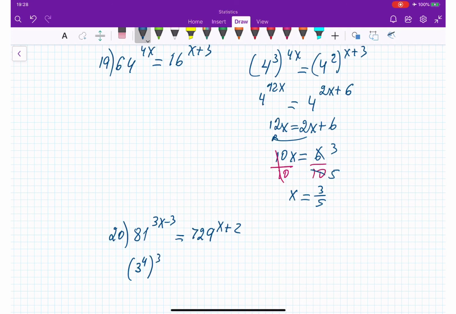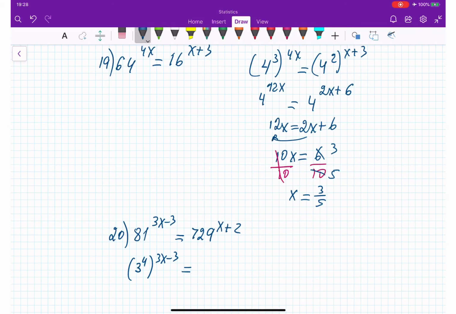To power 3x minus 3. Let's see how much 729 is going to be. Let me take the radical 3. Let me see how much it's going to be. I don't see it. 729.